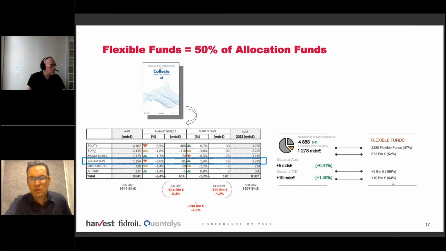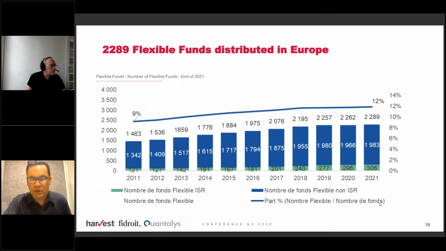So having these key figures in mind, we can dive into details and give you some trends very rapidly. I don't want to explain every figure, but just to explain that flexible funds are close to 12–15% of the industry in Europe, and you have the trend of the last years.